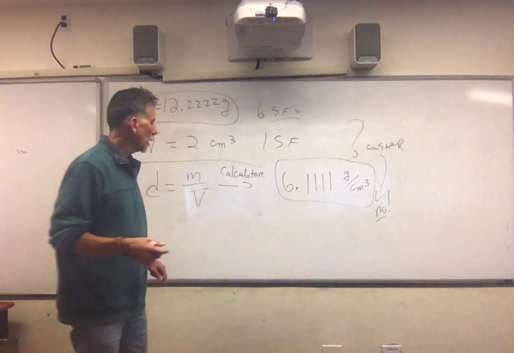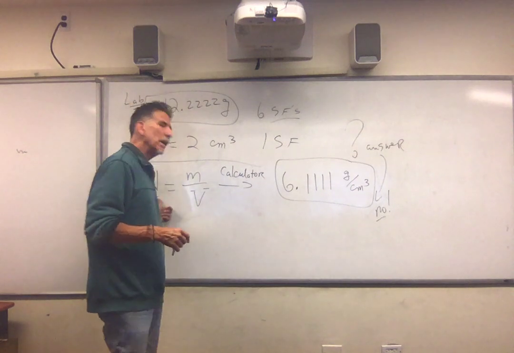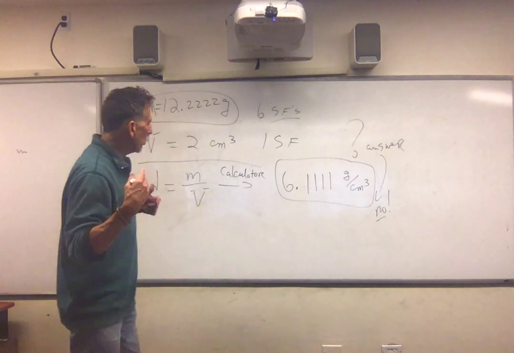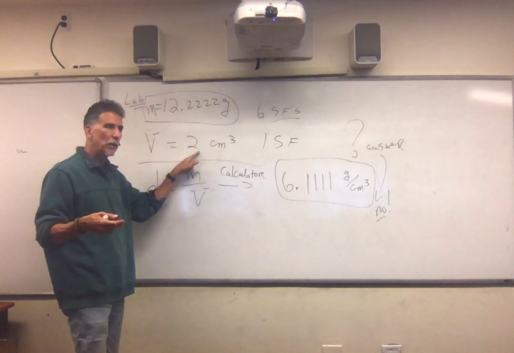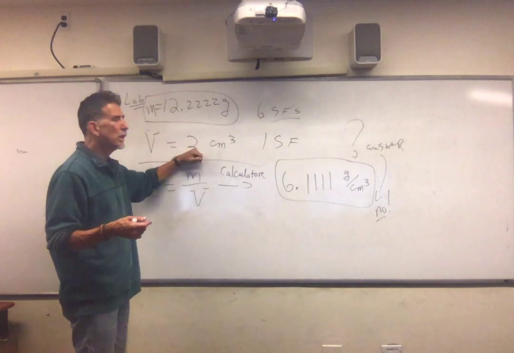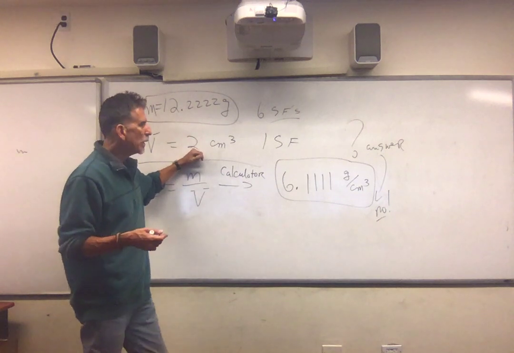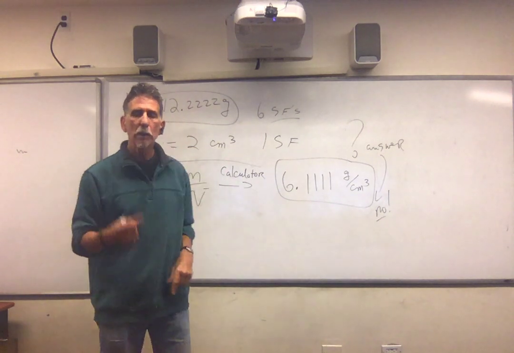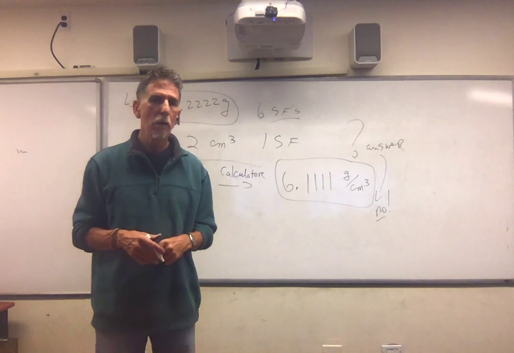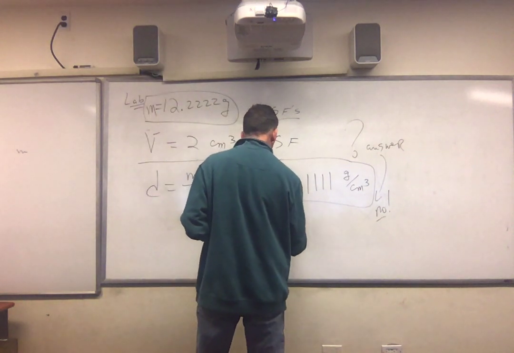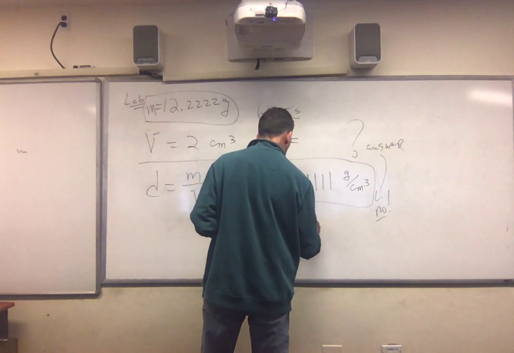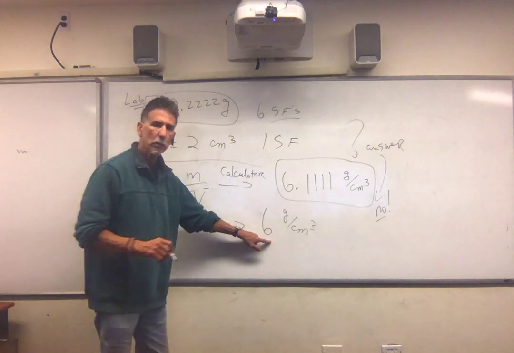The reason is that our measurement for density can only be as good as our worst measurement for mass or volume. Our worst measurement is 1 significant figure. That means our final answer must be to 1 significant figure. Thus, the correct answer is just 6 grams per centimeter cubed. 1 significant figure.